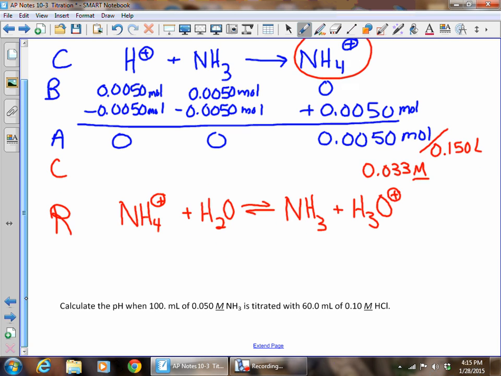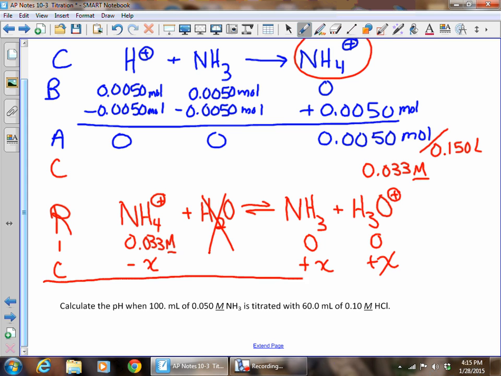Our initial concentration, the only thing we have, is 0.033 molar NH4 plus. We don't care about water, and it's 0 and 0 for these two. Our change is going to be minus x and plus x, and we end up with our equilibrium concentrations being 0.033 minus x, and x.